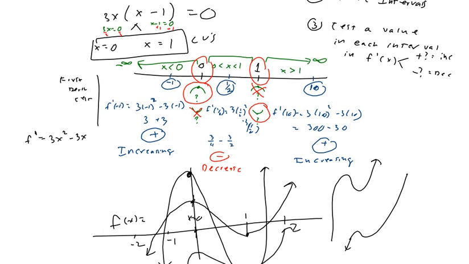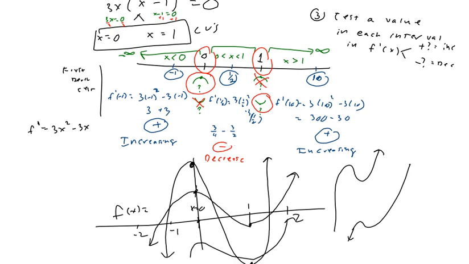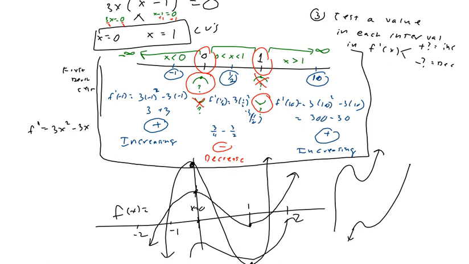Increasing, decreasing, increasing. And so this chart that we make, this is the answer we're looking for. This is the intervals where we are increasing, decreasing, increasing. We're looking at these charts, figuring out what the shape of this graph looks like.